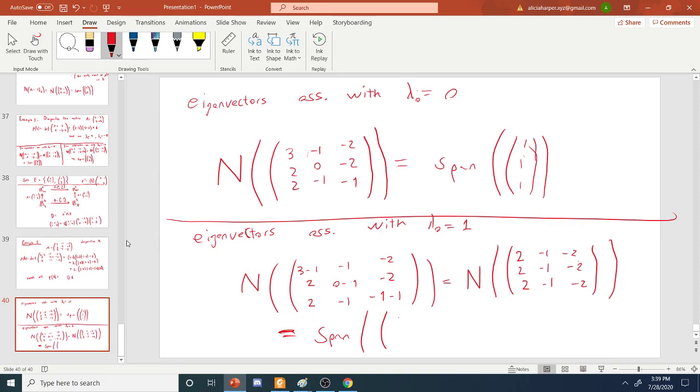So for example, (1, 2, 0) is in the null space. And you can check that by just multiplying this vector by this matrix, or by actually computing the null space using row reduction. And you can also check that (1, 0, 1) is an element of the null space.